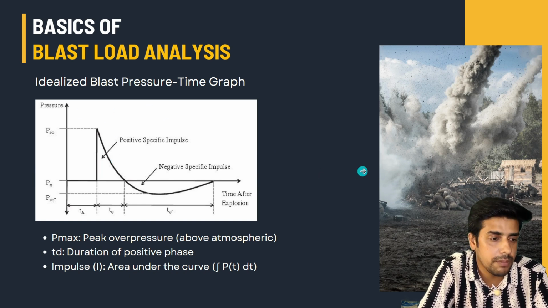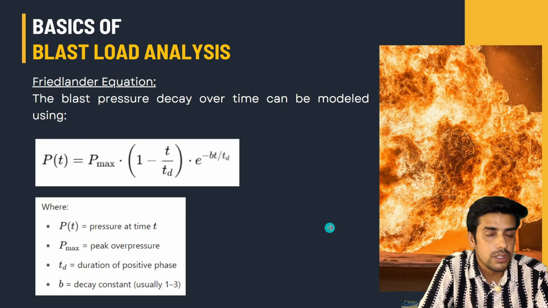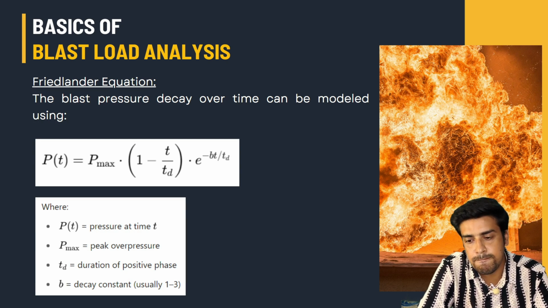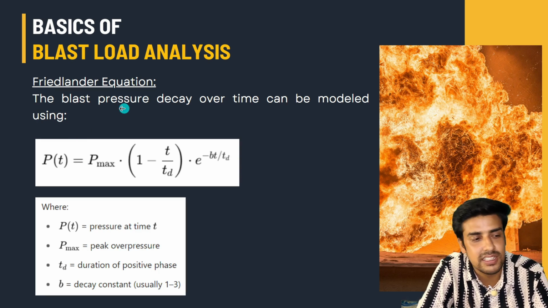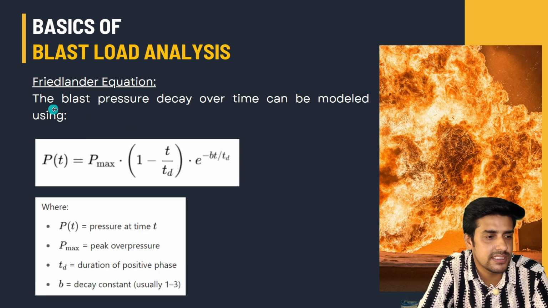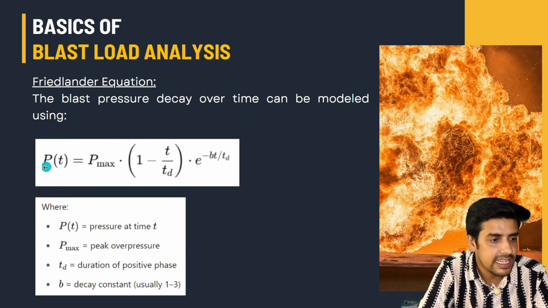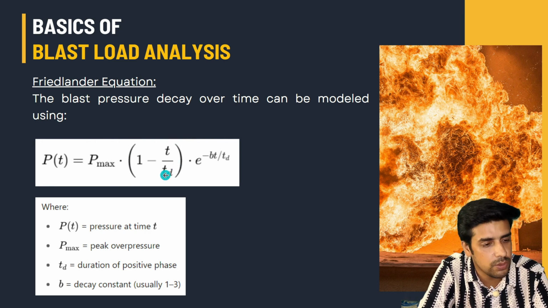Now let's see how we can make this graph for our particular case. To make that graph, we have two methods. The first method is Friedlander's equation. The blast pressure decay over time can be modeled using this equation. The blast load pressure at a particular time t can be calculated, and the formula goes like P(t) = P max (1 - t/TD) multiplied by e to the power of minus b t over TD.